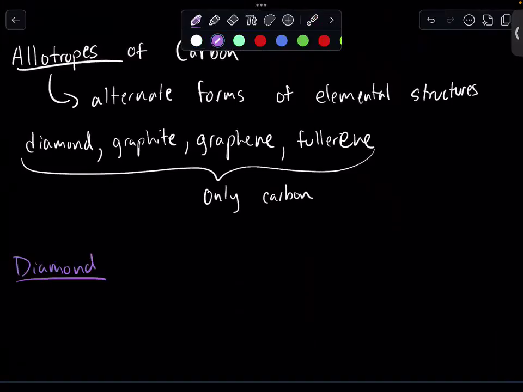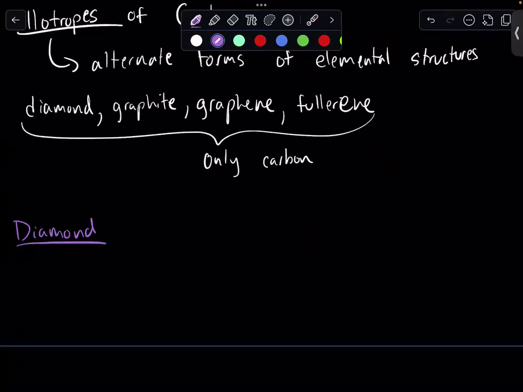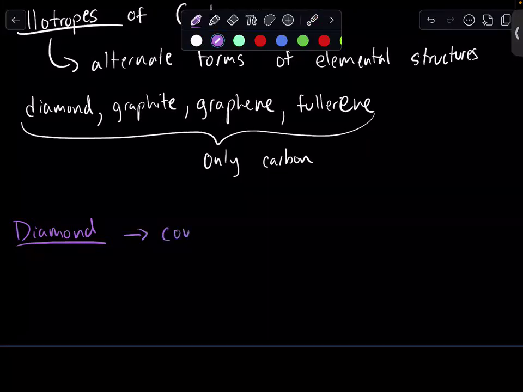We already mentioned diamond when we were talking about electron domain geometry and molecular geometry in VSEPR, but this is, again, a covalent network. And something important about it, a distinction we're going to make, is it's all carbon single bonds, and it's naturally occurring.